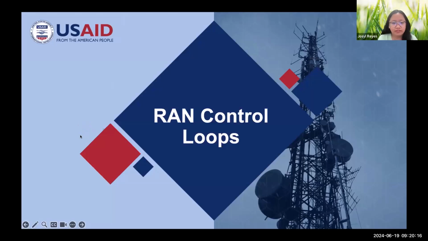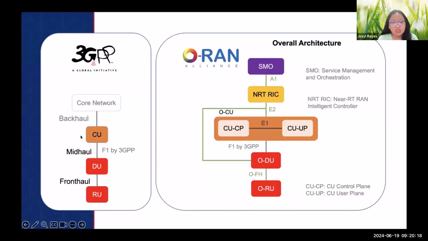We have the RAN control loops. Again, this is paulit-ulit natin pinapakita to really nail down the details, nail down the architecture. So on the left side is the overall RAN architecture defined by 3GPP. We have the core network, the backhaul or the transport network, and then the other three parts here are the radio access network or just the access network.